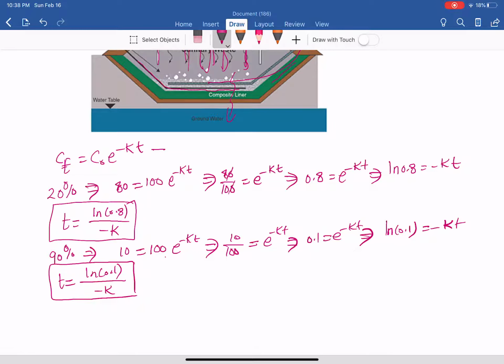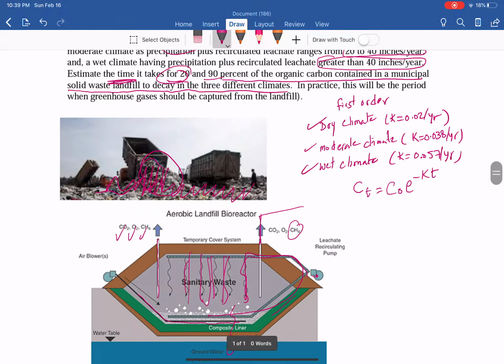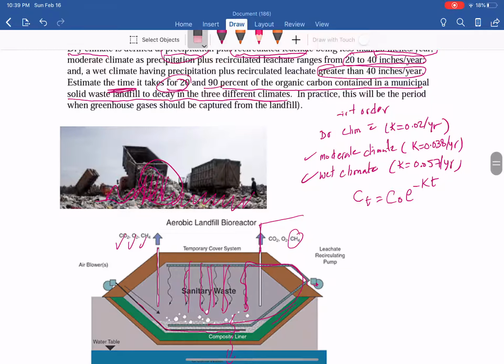So now we have to use the climates. Now, for dry climate, what was the dry climate?